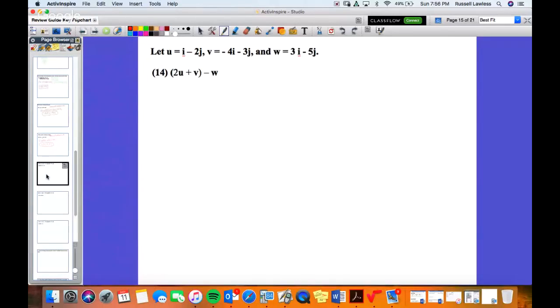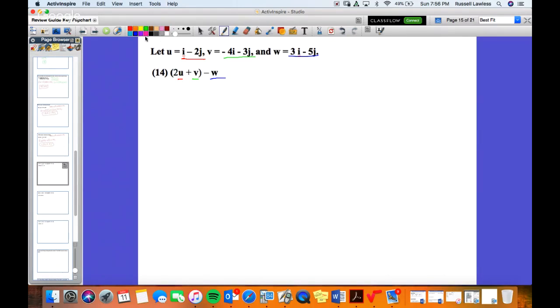Wherever you see a u, you're going to plug in i minus 2j. Wherever you see a v, you'll plug in negative 4i minus 3j. And wherever you see a w, you're going to plug in 3i minus 5j. Once you've plugged in all of those values, you then add your i's, add your j's, and you're done.